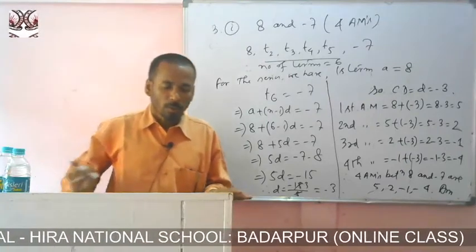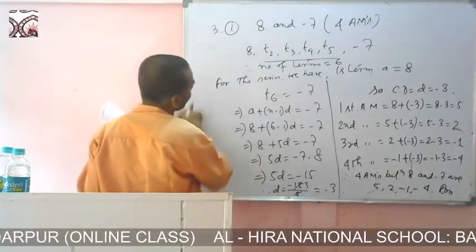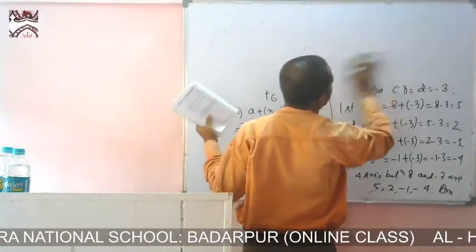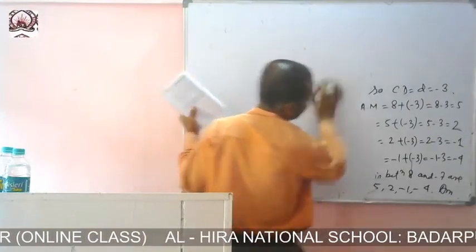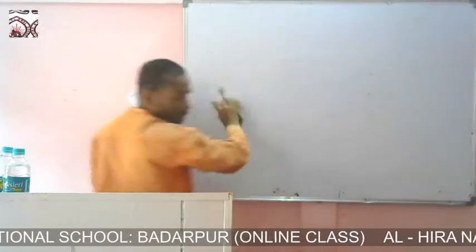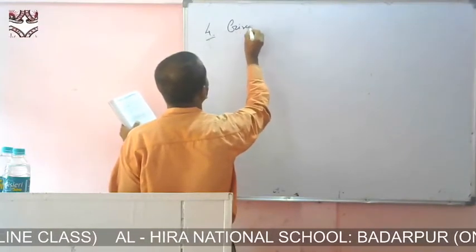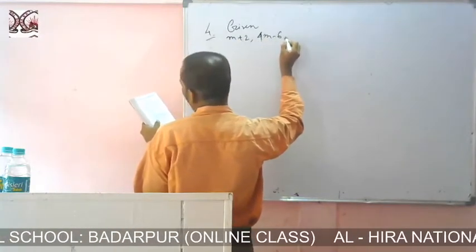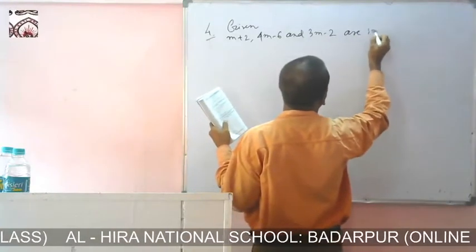Here you see, m plus 2, 4m minus 6 and thrice m minus 2 are in AP.